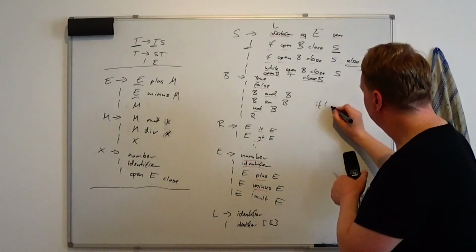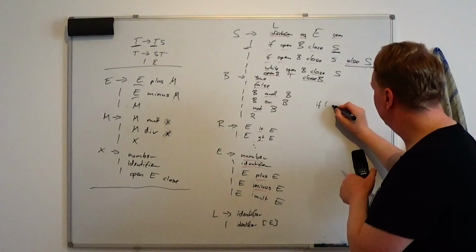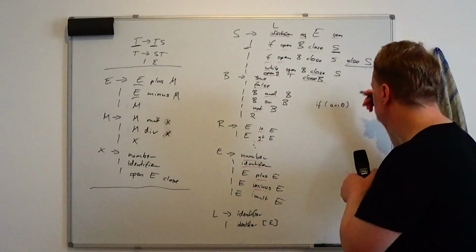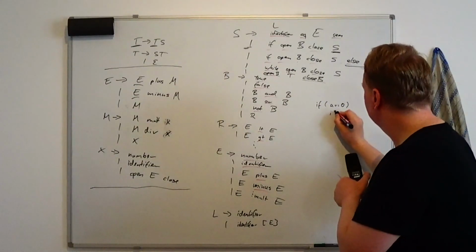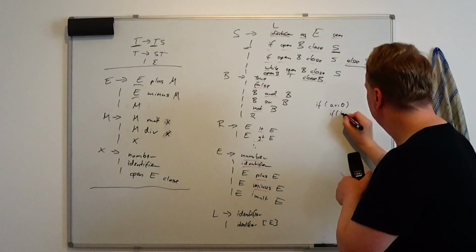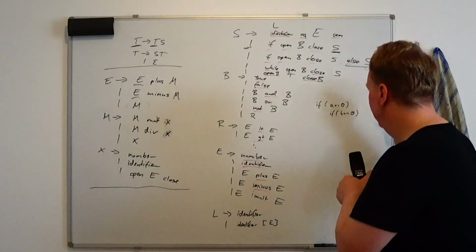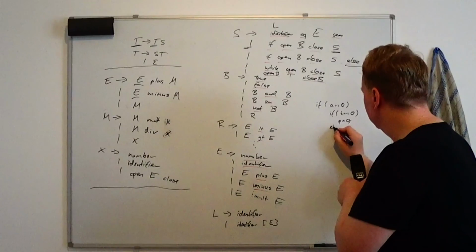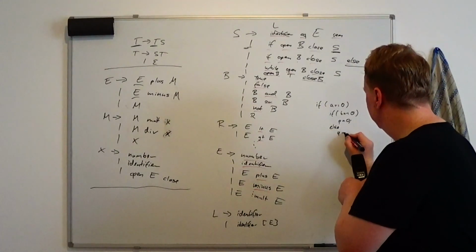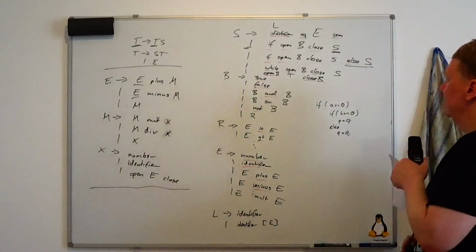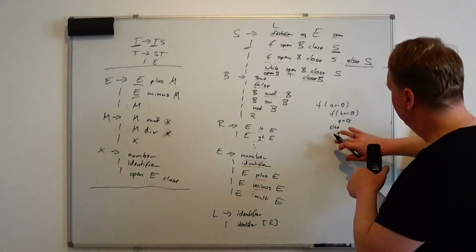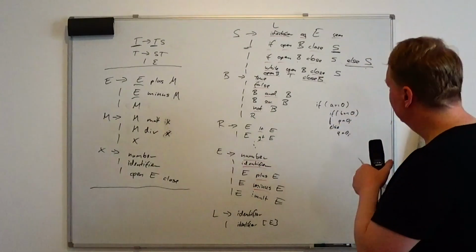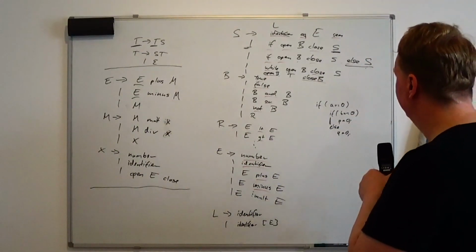Now suppose I had source code like this: if A equals 0, doesn't matter, then if B equals 0, set P to 0, else set Q to 0. Normally programming languages handle this like this: if you have an else, it gets associated with the last open if.